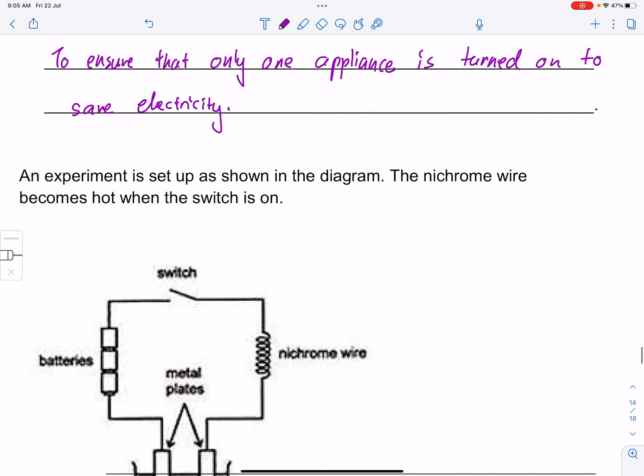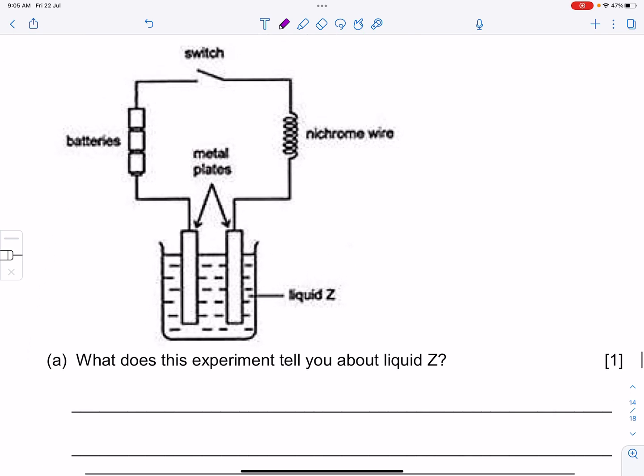Okay, an experiment is set up as shown in the diagram. The nichrome wire becomes hot when the switch is turned on. Now, this is a novel question that you have not seen before, but it's okay. Let's take a look at it.